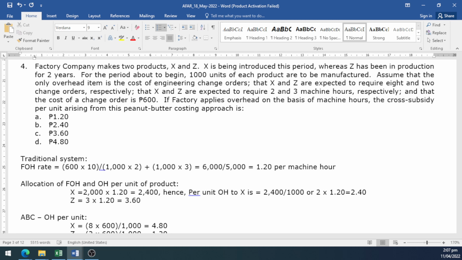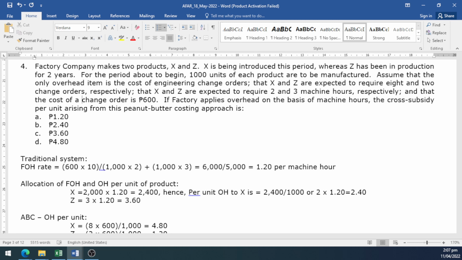So, pag traditional system na i-base natin sa machine hour, ito po yung ating overhead rate. 600 times 10, yun yung total overhead, 6,000. Over the total machine hours. 1,000 yung number of units per product, at 2 and 3 machine hours yung number of hours per unit.